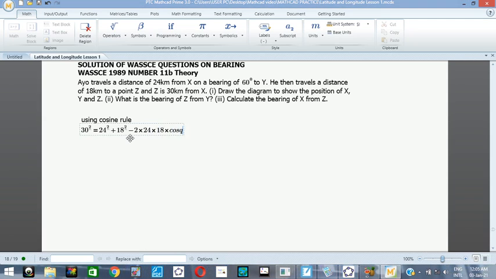We don't know that angle, that is cos theta. So this is it. All we need to do is solve well and we'll get our result.